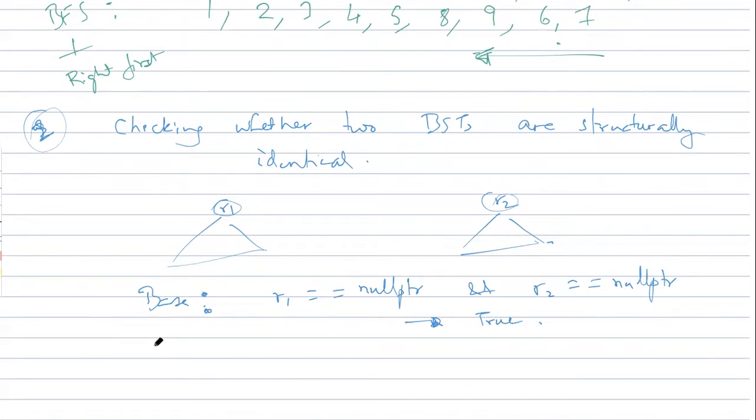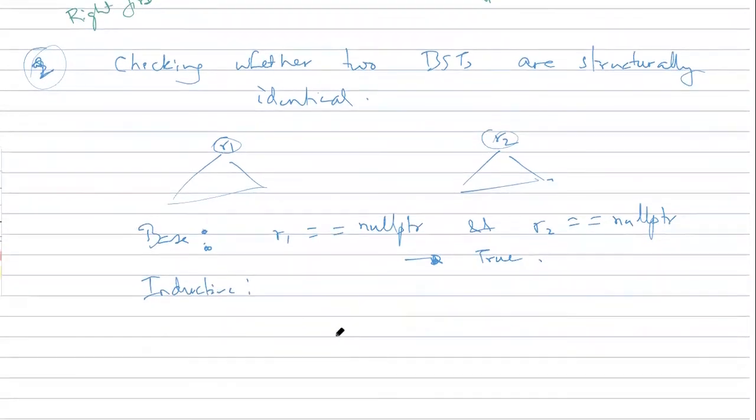The question is, what is the inductive step? So of course, R1 has to match R2. But what is it that we are matching? You're not matching R1 pointers, right? So we are matching the key, right?